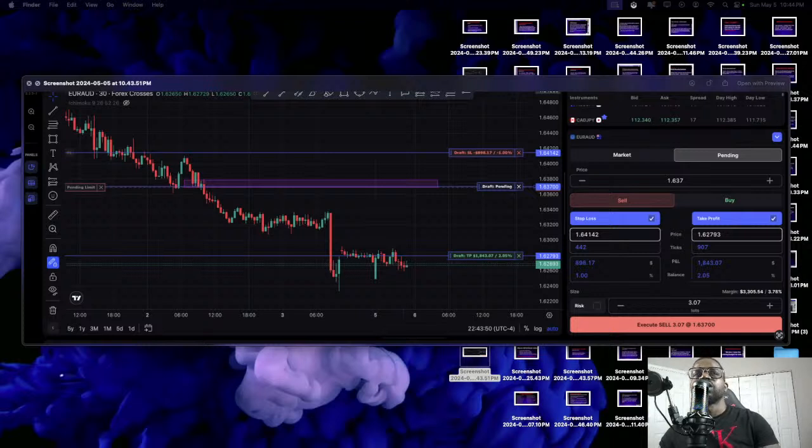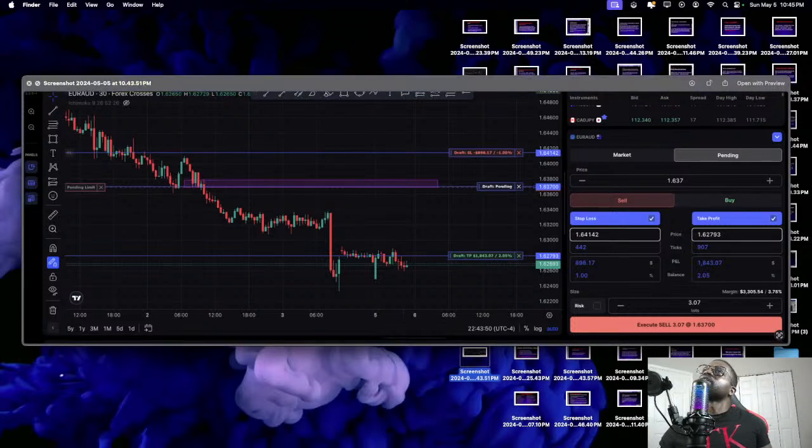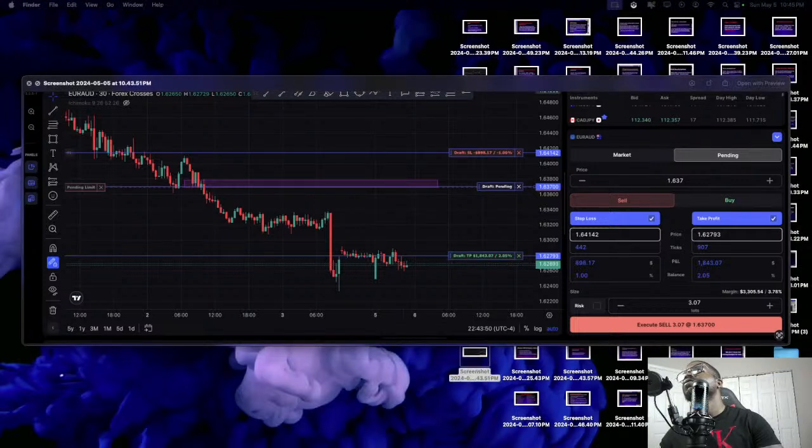Make sure yours has the red highlighted right here and not the green. Yep. So you got sell.